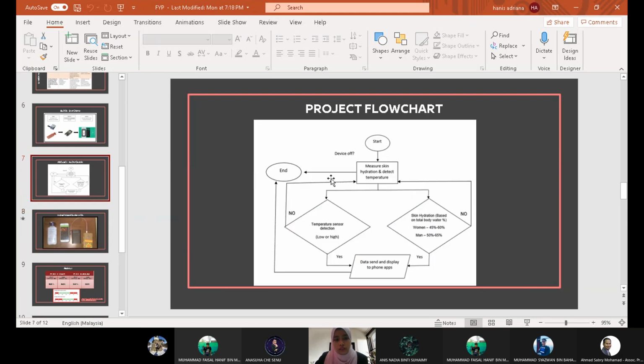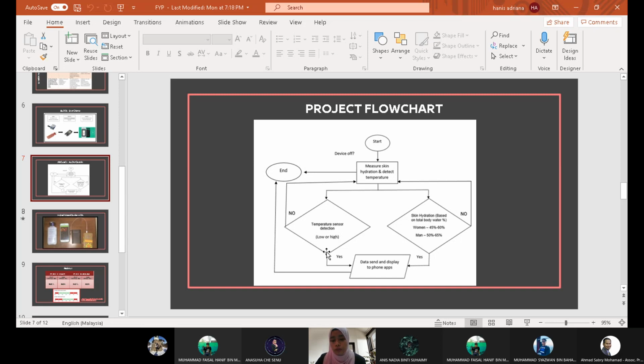Next, for my project flowchart, when the product is turned on, the temperature sensor and skin hydration sensor will start to measure as we place our wrist at the sensor. The temperature sensor will detect our body temperature, whether it is high or low. Meanwhile, the skin hydration sensor will measure the percentage of total water in the body.